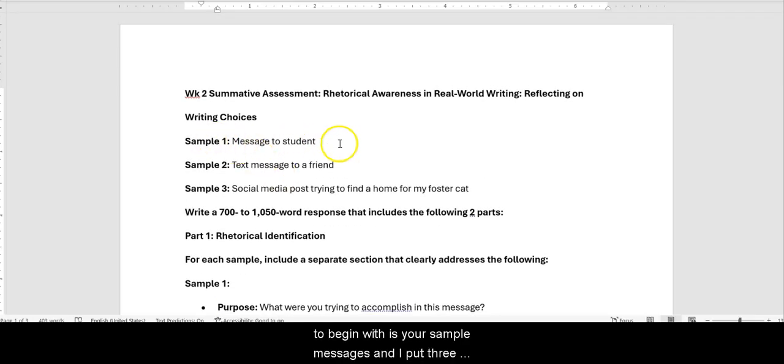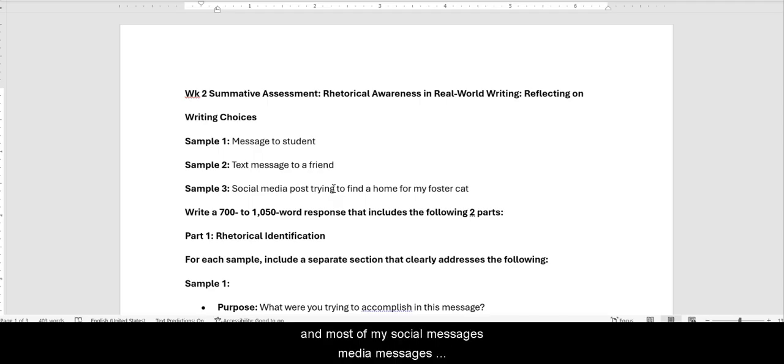So to begin with is your sample messages, and I put 3 that I might share here. A message to a student, a text message to a friend or family member, and a social media post in which I'm trying to find a home for one of my foster cats.